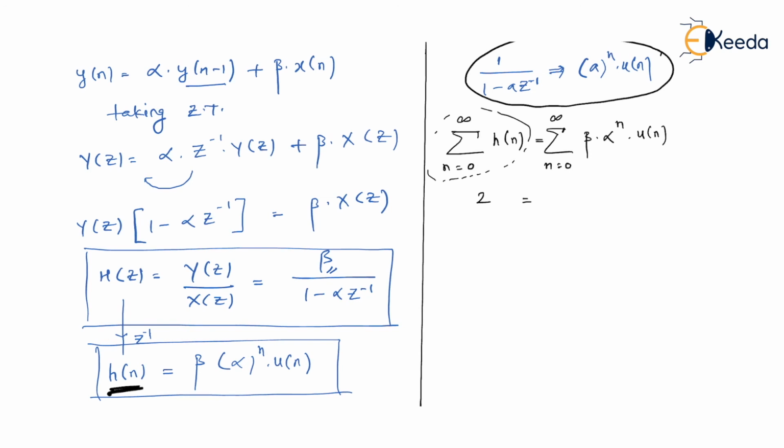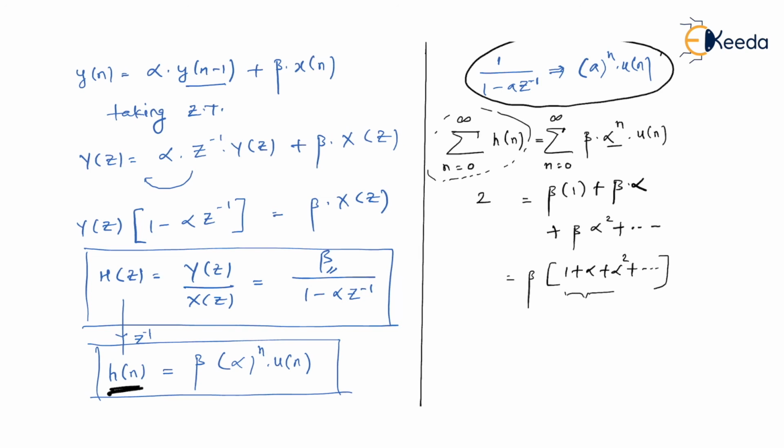When I substitute n equal to 0, alpha to the power 0 will become 1, and therefore it will become beta times 1 plus beta times alpha plus beta times alpha square, and so on. This will go up to infinity. So if I take beta common, what remains inside is 1 plus alpha plus alpha square, and so on up to infinity.